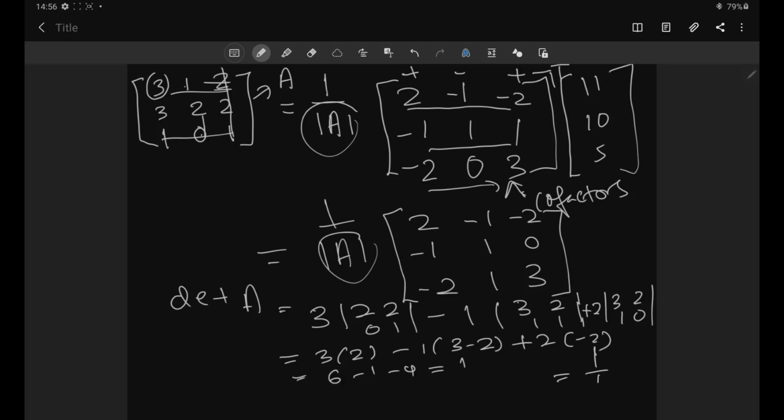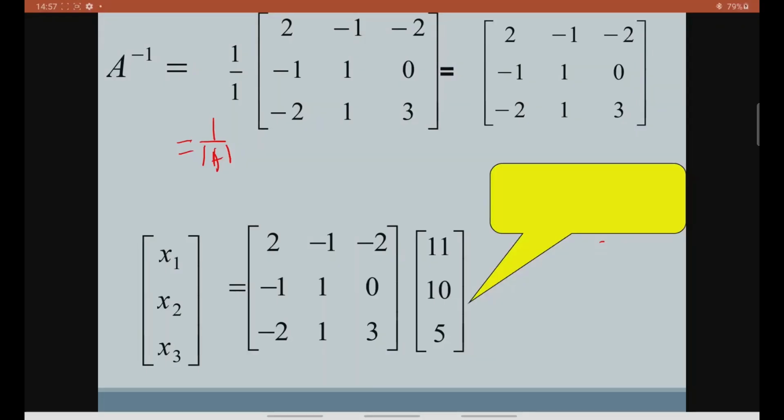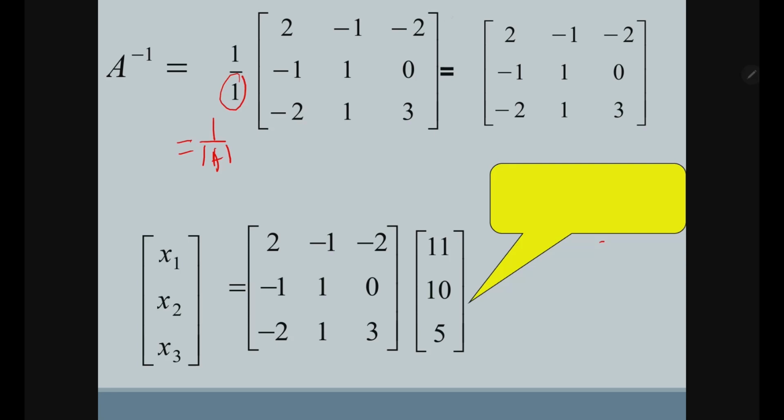So 1 over 1. The determinant is 1, so 1 over 1. Okay, we continue. That's why here we get 1 over 1. This is the adjugate just now: 2, -1, -2, -1, 1, 0, -2, 1 and 3. Then we get here 2, -1, -2, -1, 1, 0, -2, 1 and 3 because we multiply with 1.